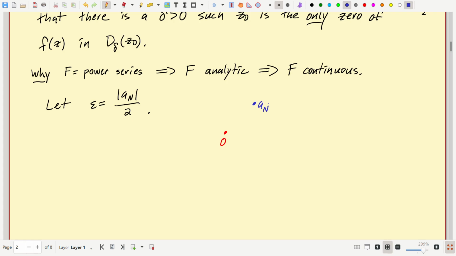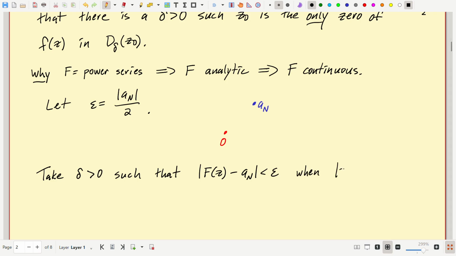And so I'm going to take the delta. There exists a delta bigger than 0 such that the modulus of capital F of z minus A_n is less than the epsilon in that picture when the modulus of z minus z naught is less than delta.